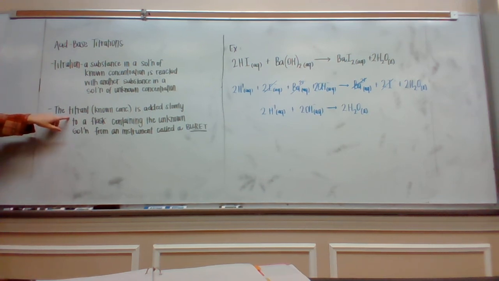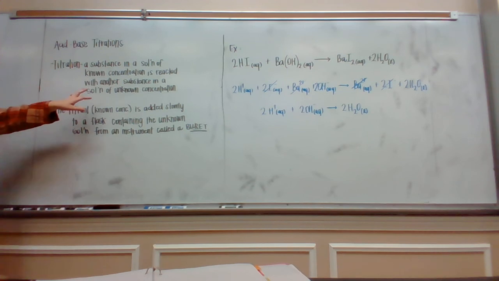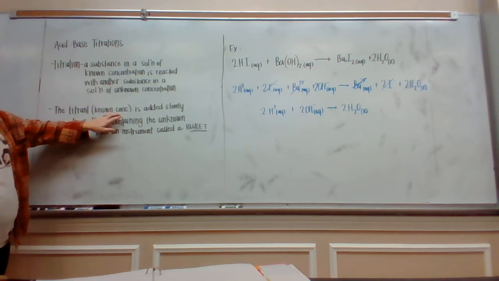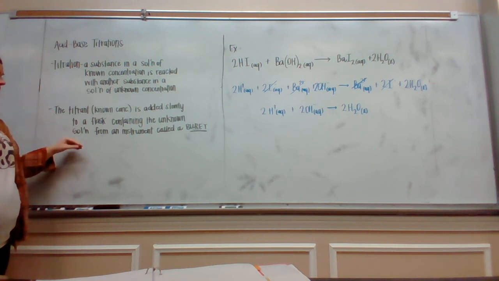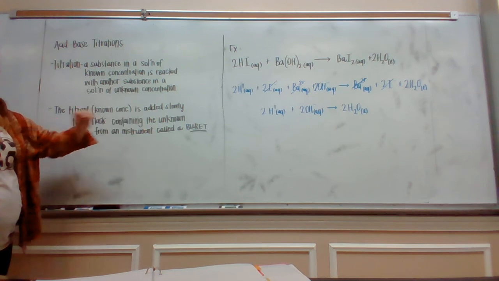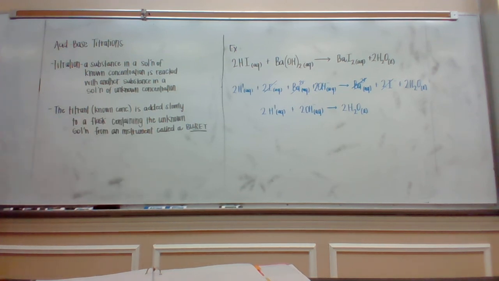So the titrant, that's normally the substance whose concentration you know, is added slowly to a flask that you don't know the concentration of in an instrument called a burette. So burettes are very, very accurate when delivering volume.